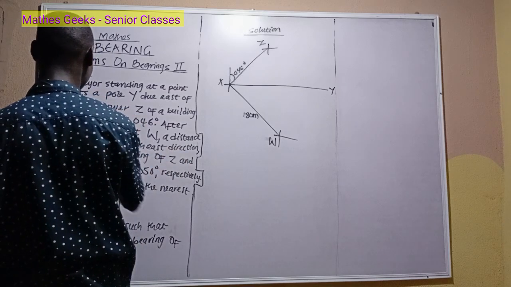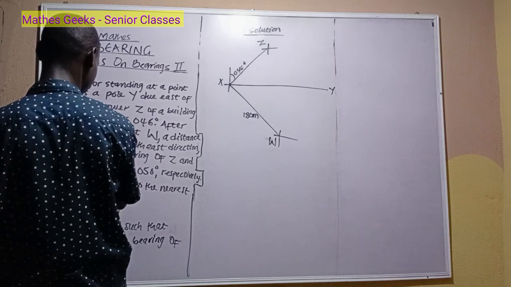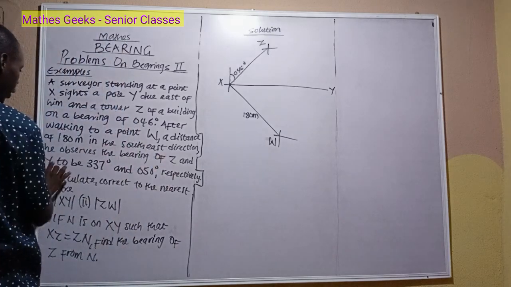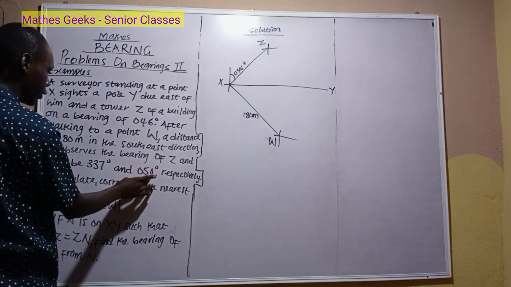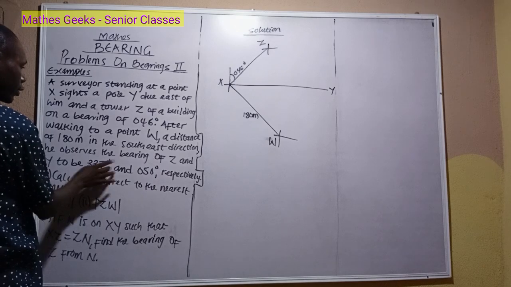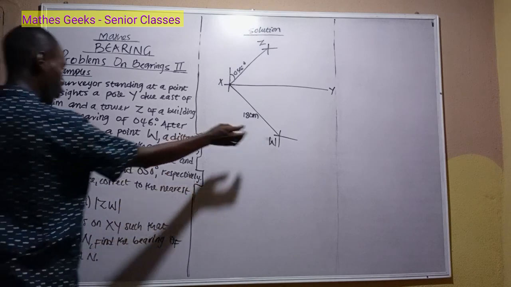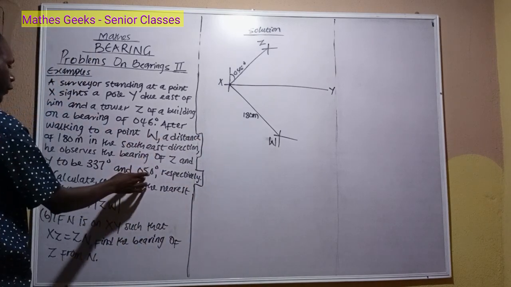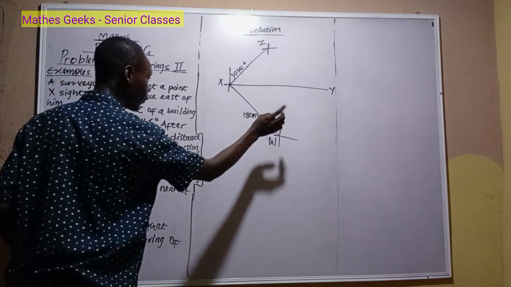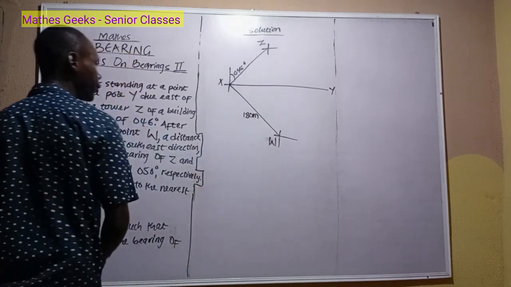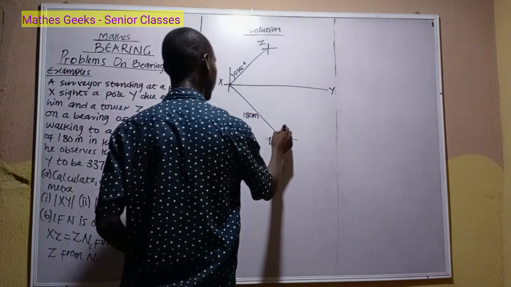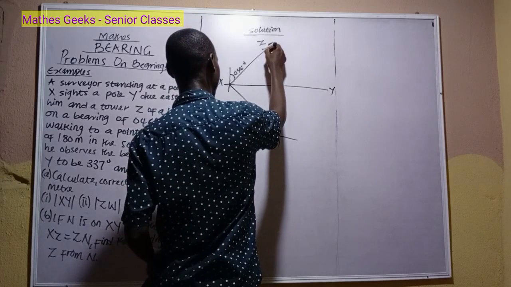Z came first before Y. So this 337 degrees is the bearing of Z from W, and this 50 degrees is the bearing of Y from W. So from W to Z, draw your line to connect.